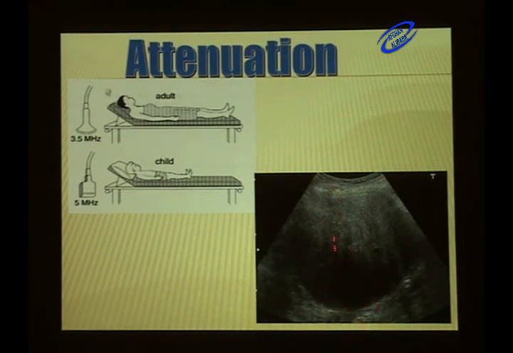This process of loss of brightness, the loss of characterization of the image as we penetrate deep into it, is known as attenuation, and this can be overcome by shifting towards a transducer with lower frequency.